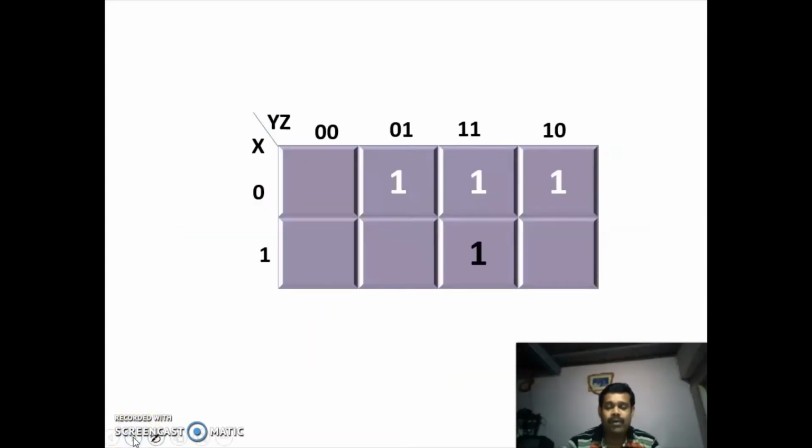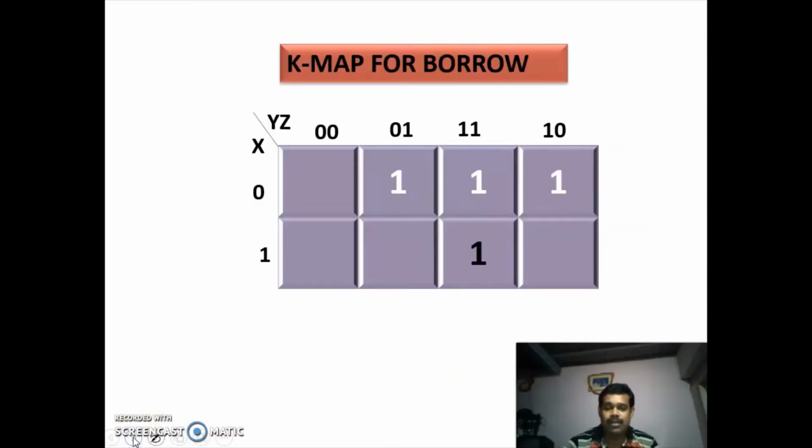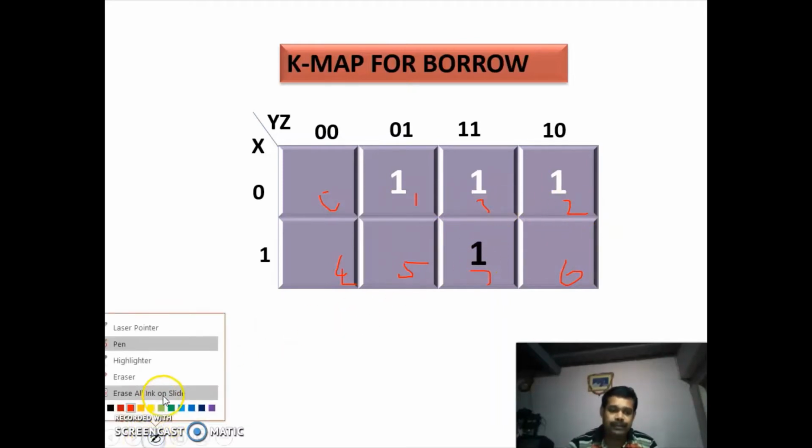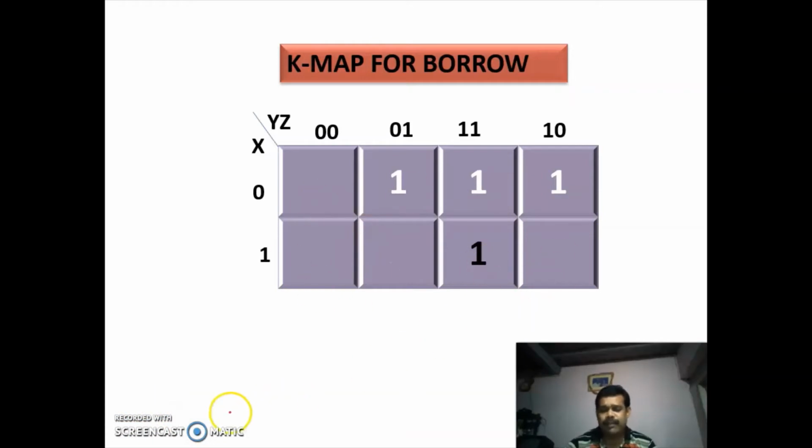Okay. Now you come to borrow. For borrow you are having 1, 2, 3, 7, that is 0, 1, 3, 2, 4, 5, 7, 6. So we plot ones in the corresponding places, and here you are having adjacent ones, so you can group.